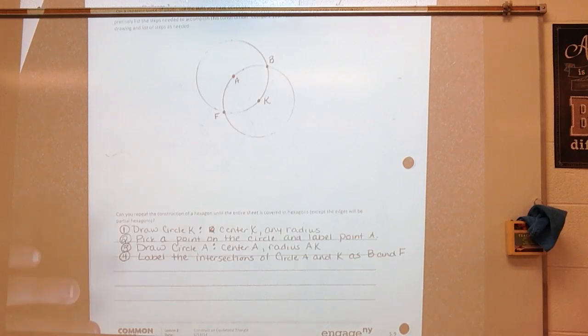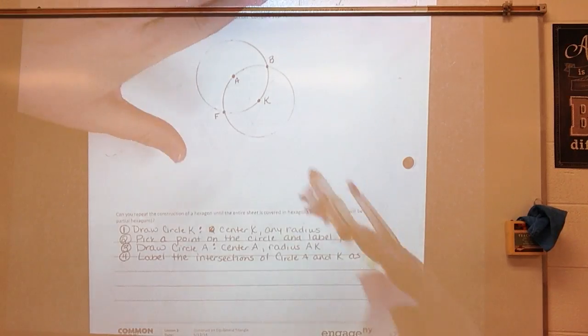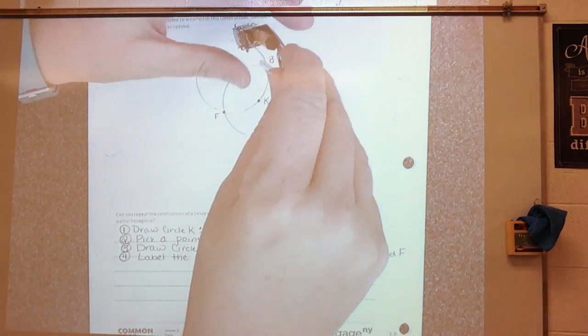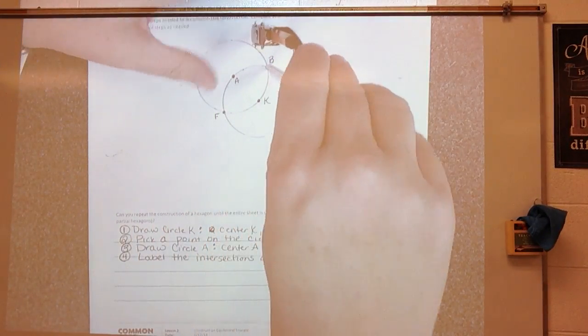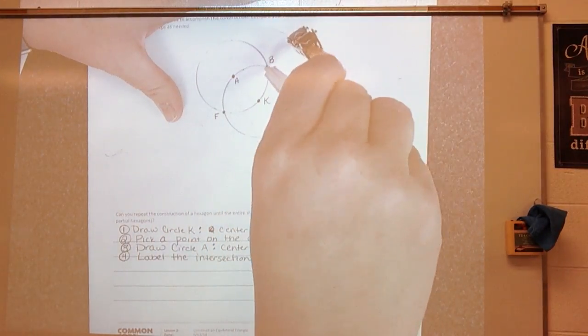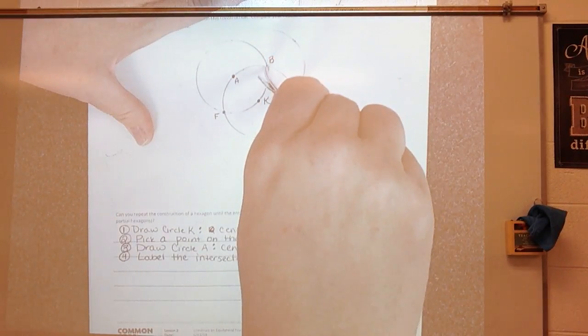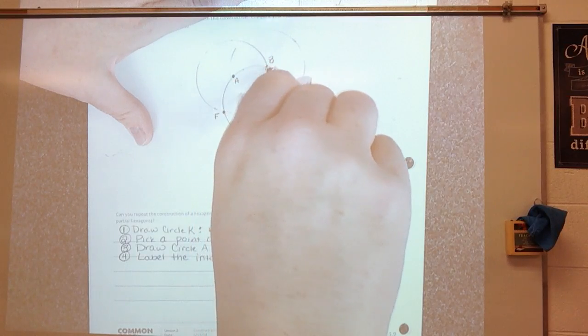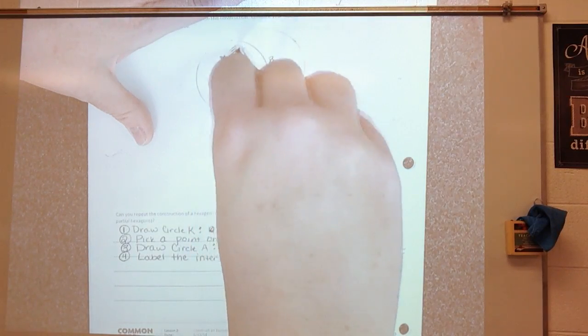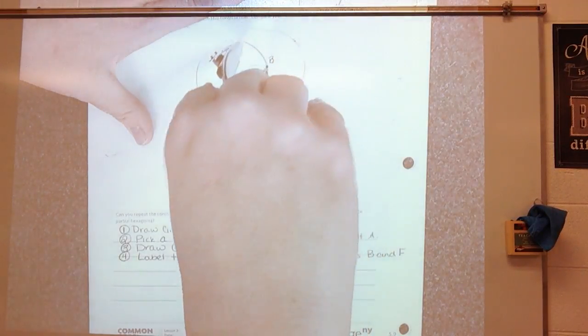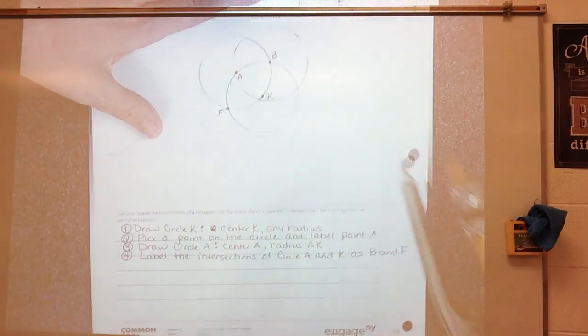So now I've got to draw circle B. So I'm going to put my pointy part on B and draw my circle. Okay.